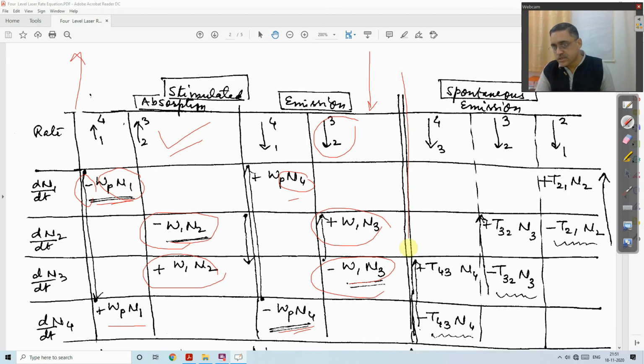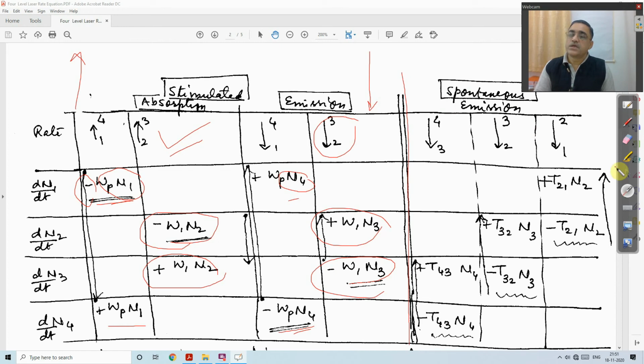Now on the other side, we have a spontaneous process also, but that is only a one-way process from 4 to 3. Now you see that here we have absorption, emission for stimulated one. For spontaneous, we have only emission.